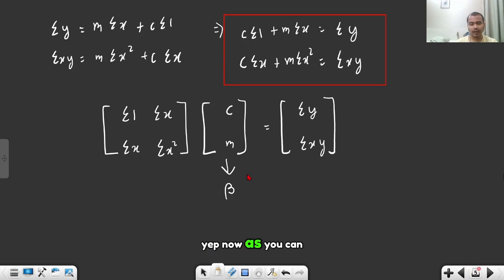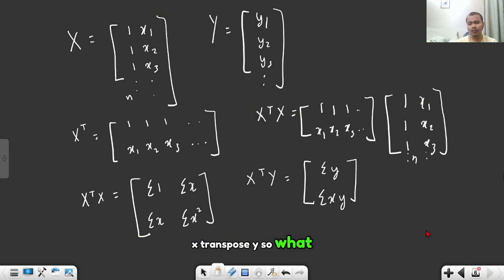Now, as you can see, this is beta and this is x transpose y. So what do we have as the final equation? X transpose x into beta equal to x transpose y.